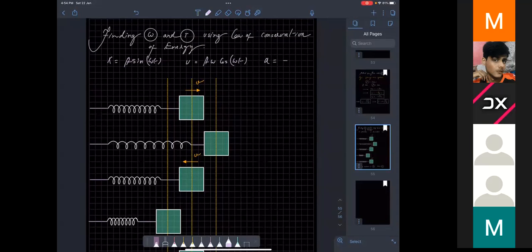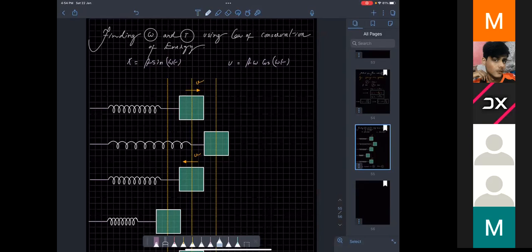Because when you started looking at the SHM, it was at mean position. So when you put t equals 0, you have to put x equal to 0. And if t equals 0 and x equals 0, phi will automatically become 0. That's why I didn't write phi.